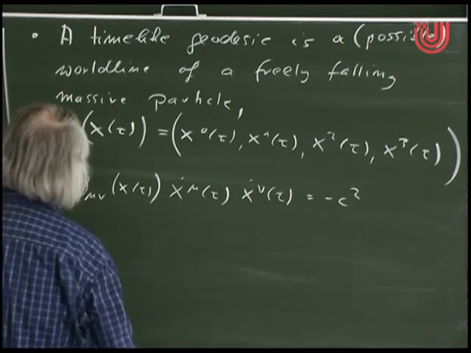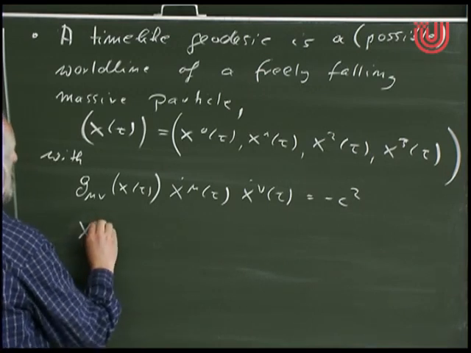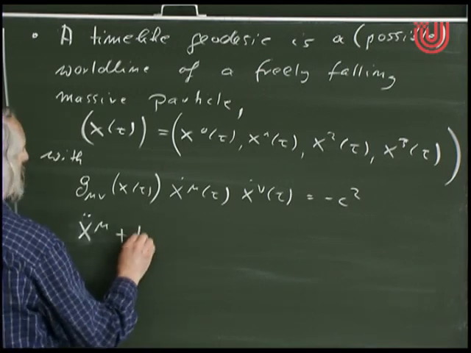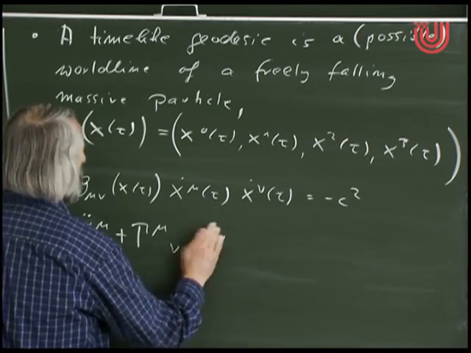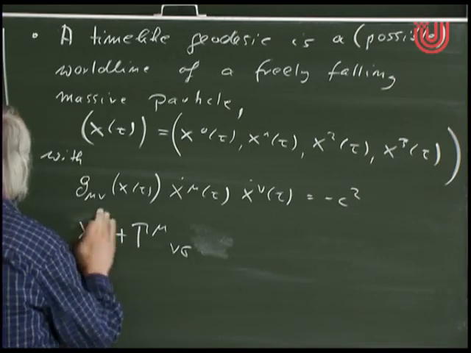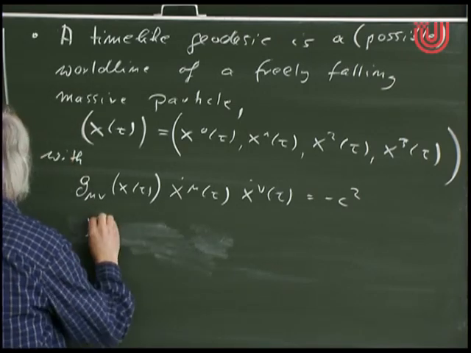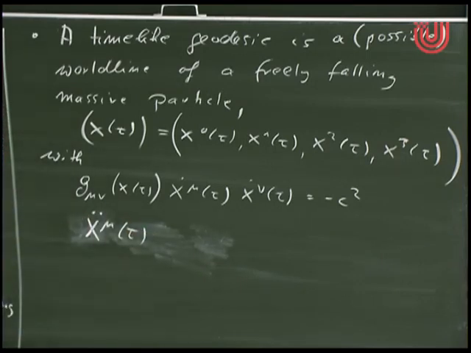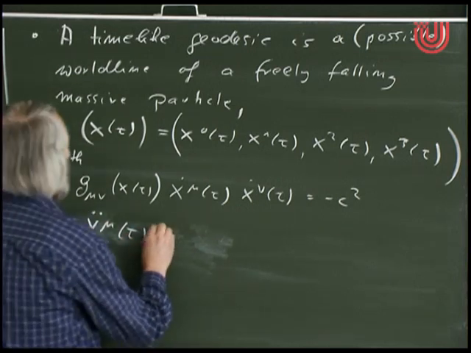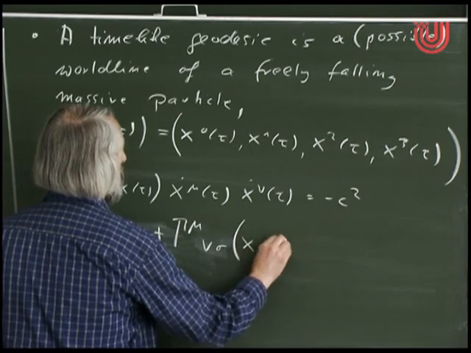I had it on the board 20 minutes ago or so. The geodesic equation is x mu double dot plus gamma mu nu sigma. Maybe I should write the x's everywhere and the tau's also, just for the sake of clarity. So this, of course, depends on tau, right? The dot means differentiation with respect to this parameter tau. Then I have the gammas, which depend on x of tau.